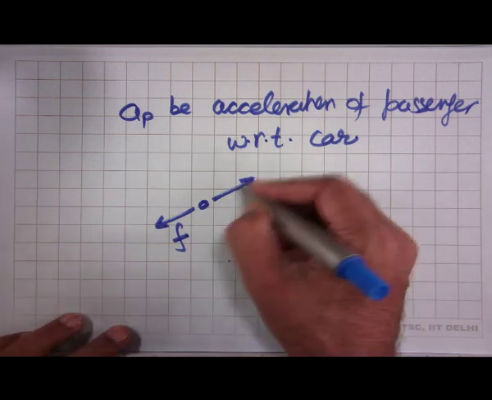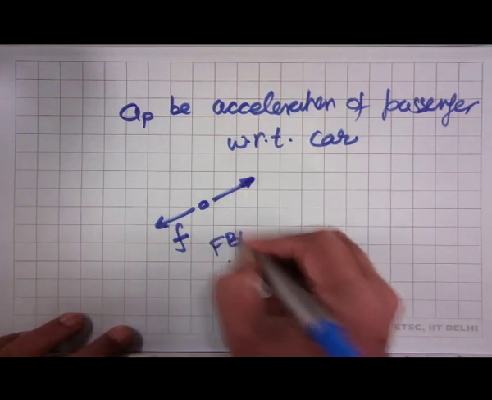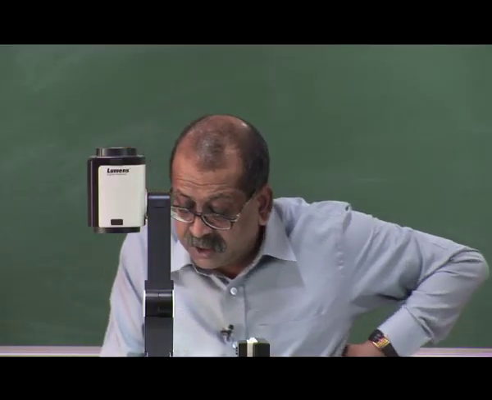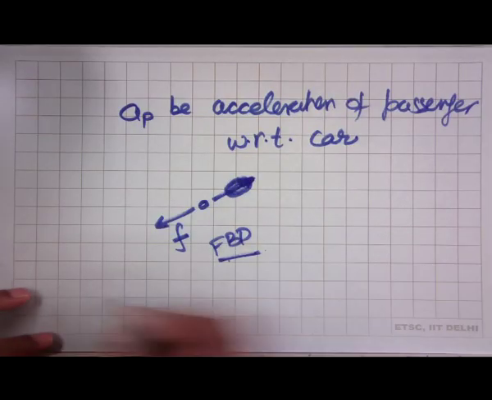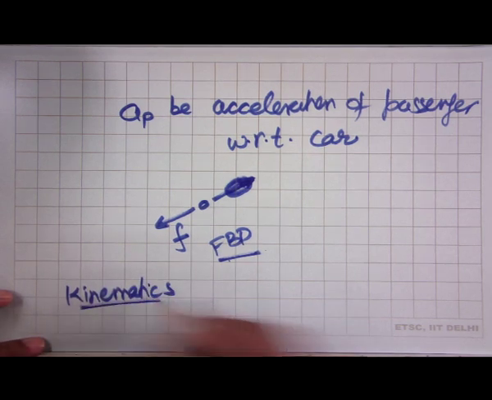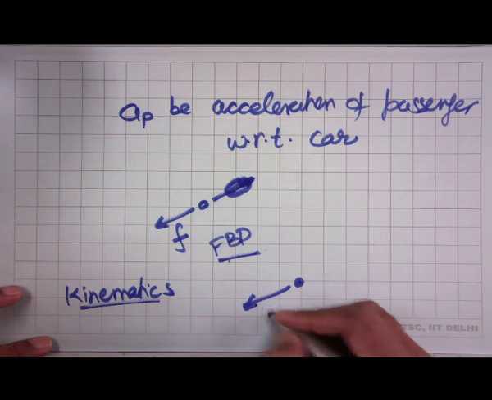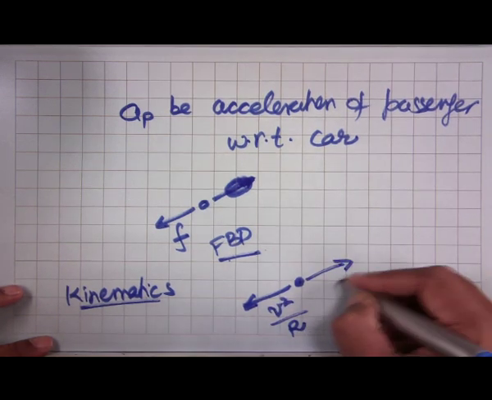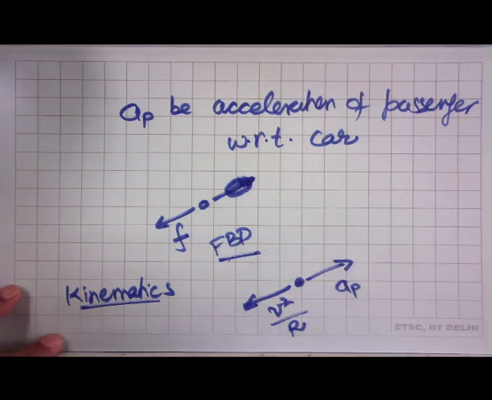So, if this is the free body diagram, that still stays the same. In addition to this, we have the normal reaction and the weight which cancel each other. But if we look at the kinematics, then we find that we have an acceleration equal to v square upon r, and this is the acceleration of the car.